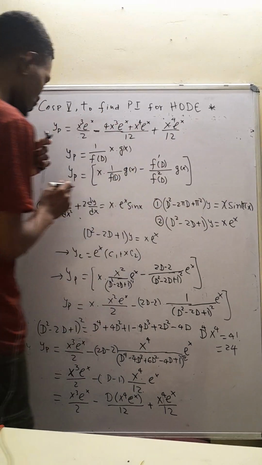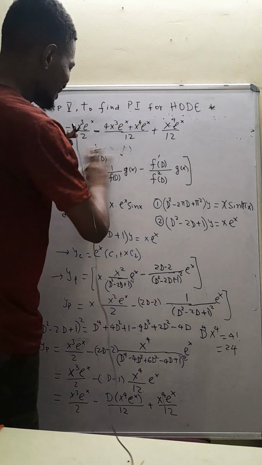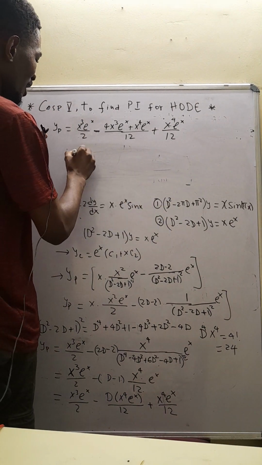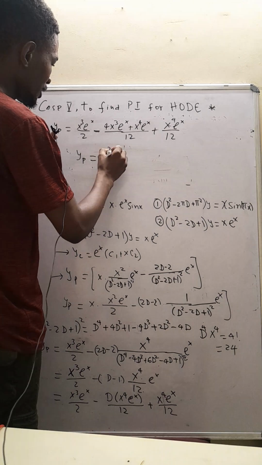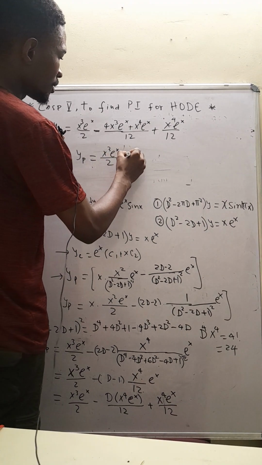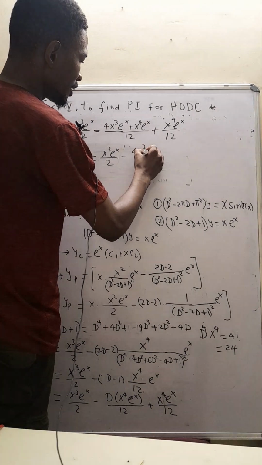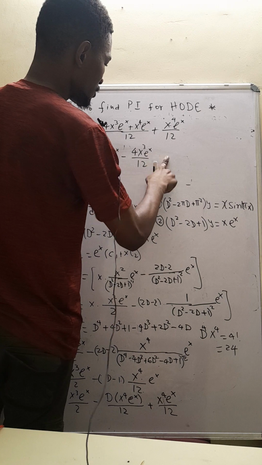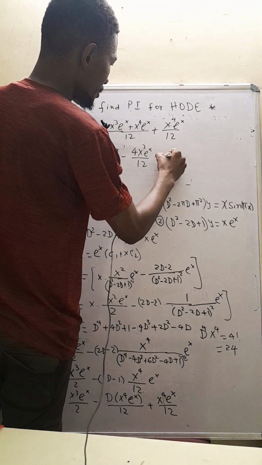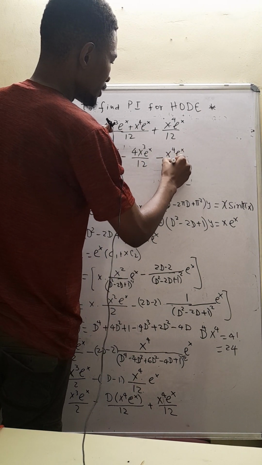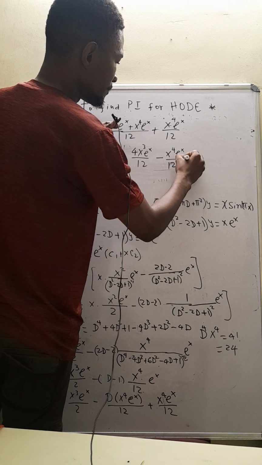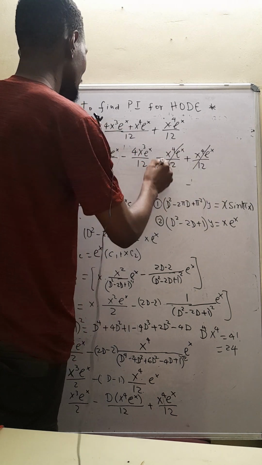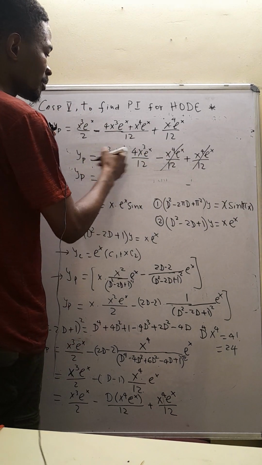No space here, so where should I find place? It's okay. Let me erase this one. Sorry. So yp will be x raised to 3 Euler raised to x by 2 minus 4x raised to 3 Euler raised to x by 12, minus x raised to 4 Euler raised to x by 12, plus x raised to 4 Euler raised to x by 12. This and this will be cancelled out, so yp will be this expression.